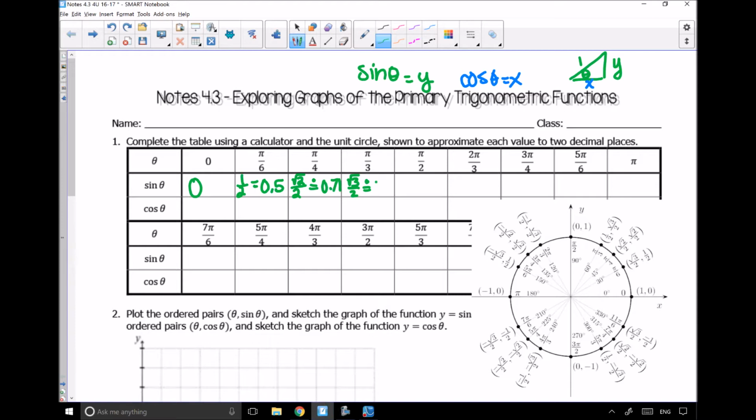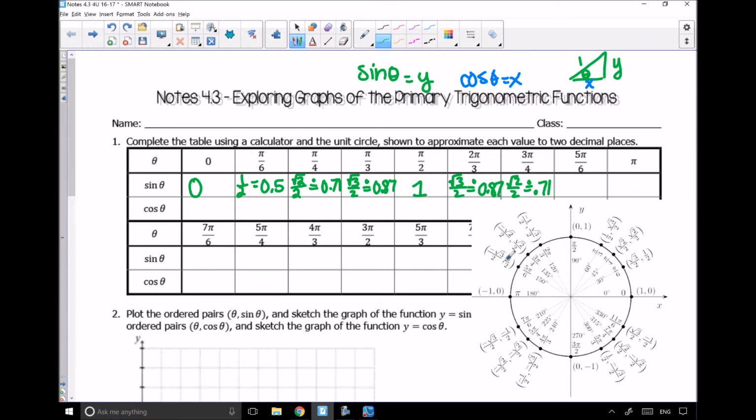So we'll say right here that it's approximately 0.87, okay? Now pi over 2, the sine value is just 1, okay? When I go to 2 pi over 3, the sine value is the square root of 3 over 2. So we can say it's root 3 over 2, which we figured out is 0.87, okay? When I go to 3 pi over 4, we've got root 2 over 2, which is approximately 0.71.